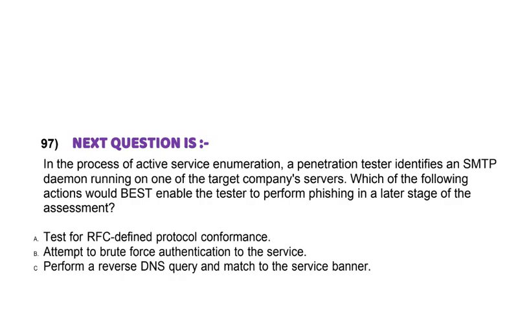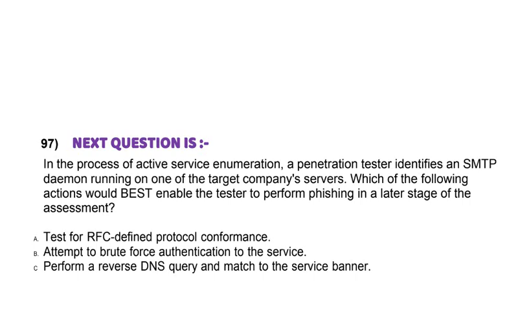Question is, in the process of active service enumeration, a penetration tester identifies an SMTP daemon running on one of the target company's servers. Which of the following actions would best enable the tester to perform phishing in a later stage of the assessment?